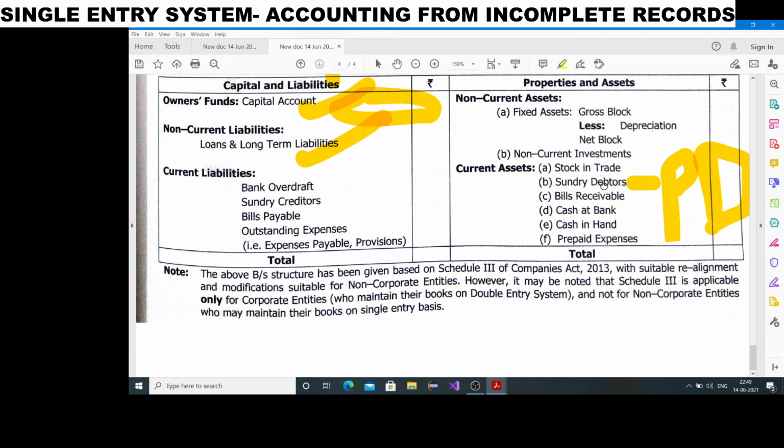If you're recovering your bad debts, it's like cash or bank account, cash is coming in, credited to bad debts recovered. And for cash sales, it's like cash account debited to sales.